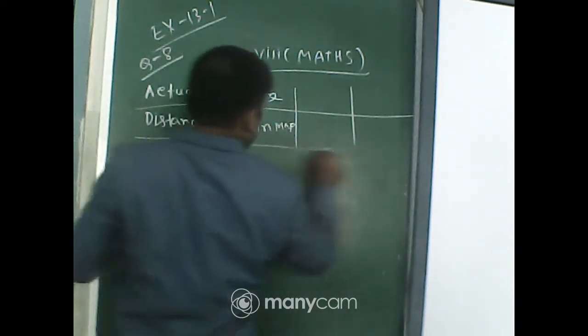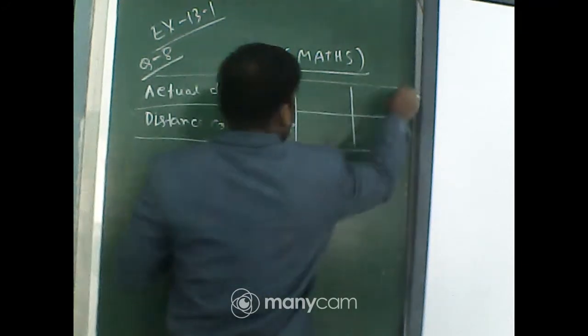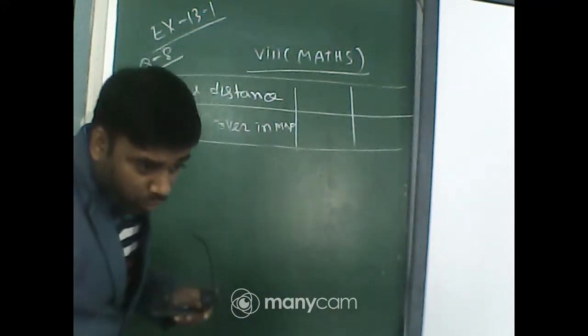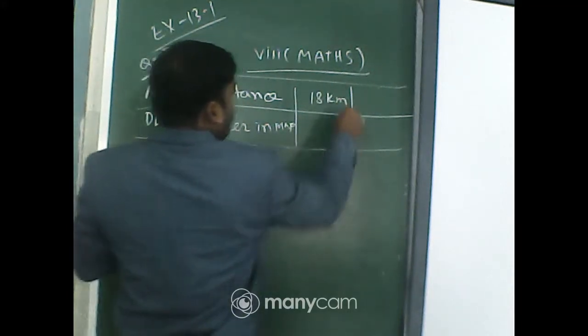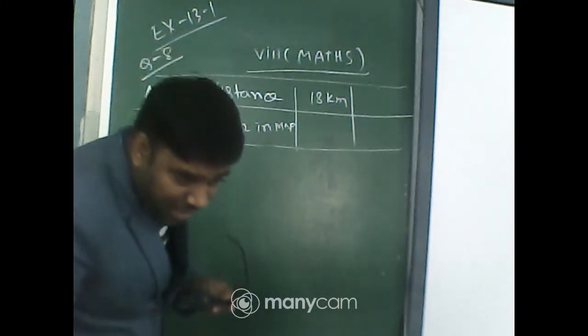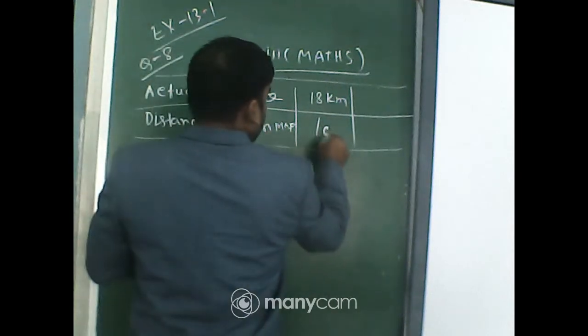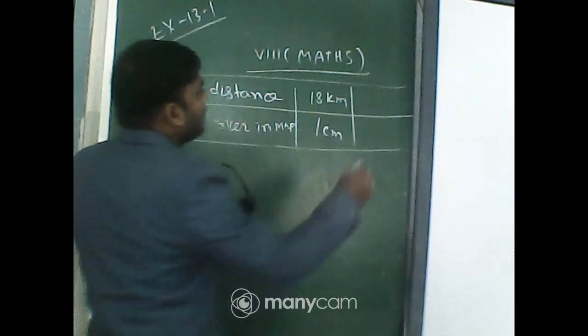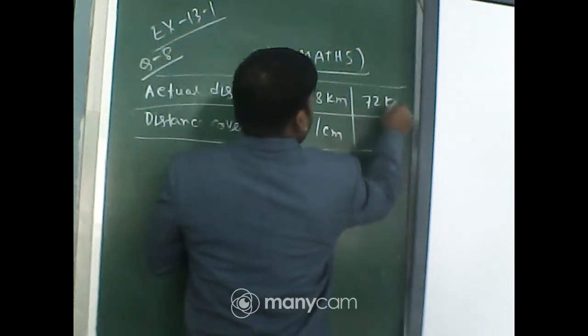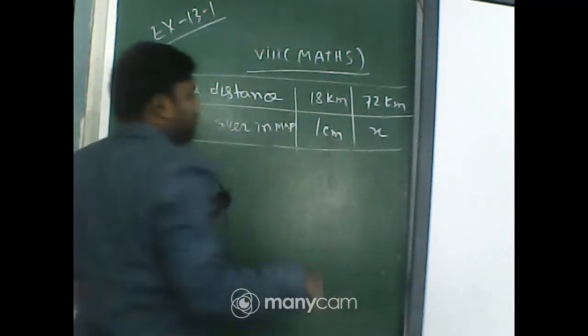According to the question, when the actual distance is 18 kilometers, in the map it is 1 centimeter. And if it is 72 kilometers, what will be the length in the map?